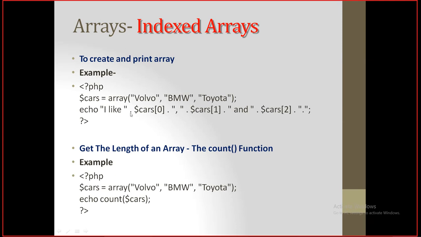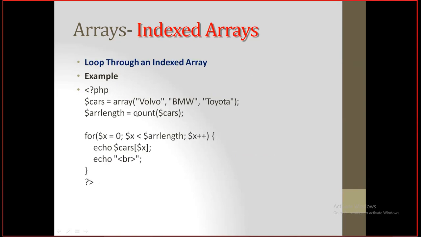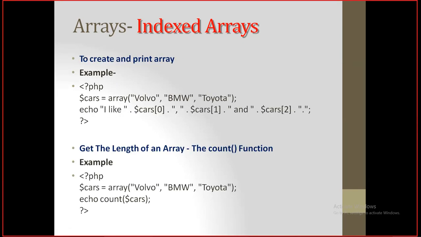So this dot is a concatenation between this string and the subsequent string, right? So the output, as you can see, would be I like Volvo, BMW, and Toyota. Right? This is what the output will be. Okay, that is one way.